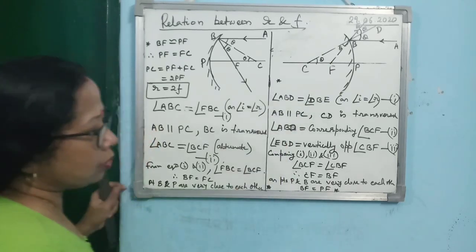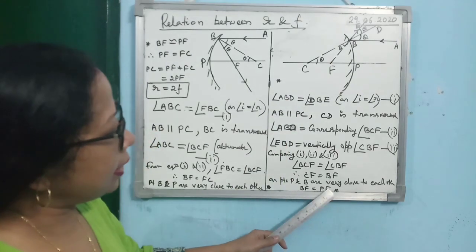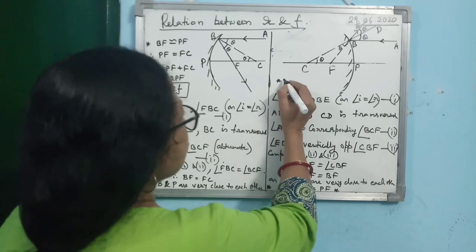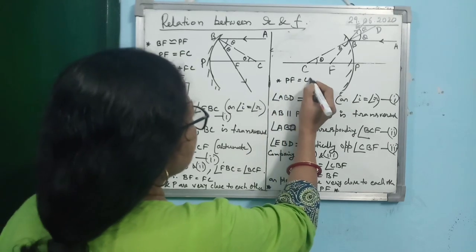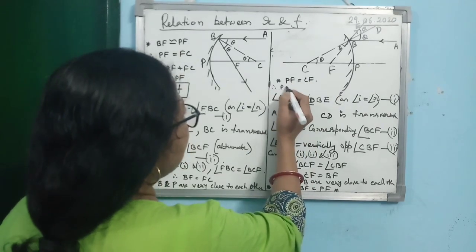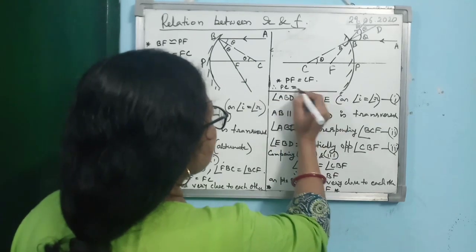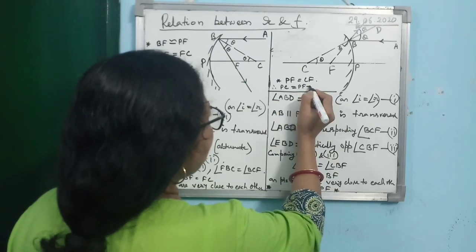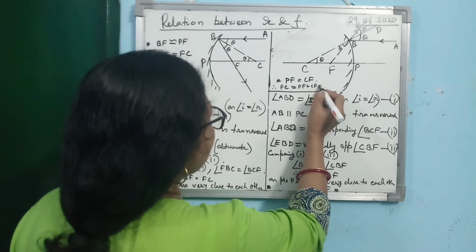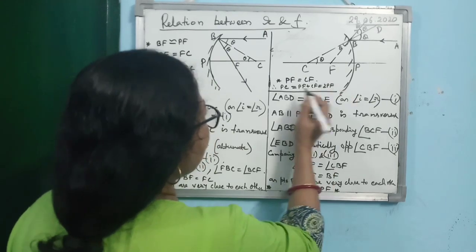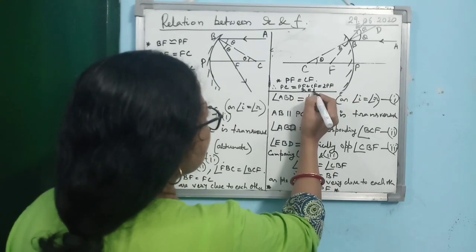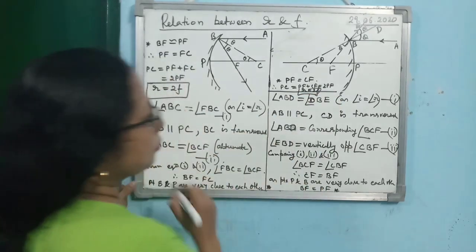If BF is equal to PF, then you can write that PF is equal to CF. Therefore, PC is equal to PF plus CF equal to 2PF. So R is equal to twice F.